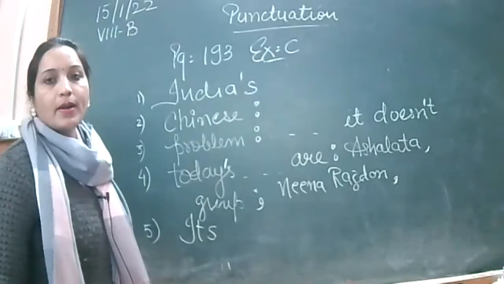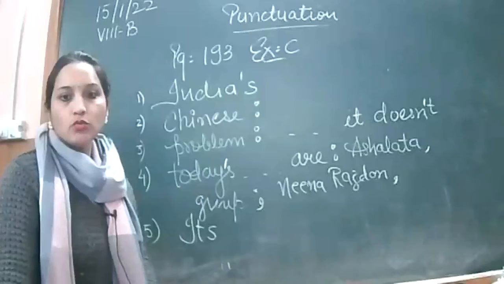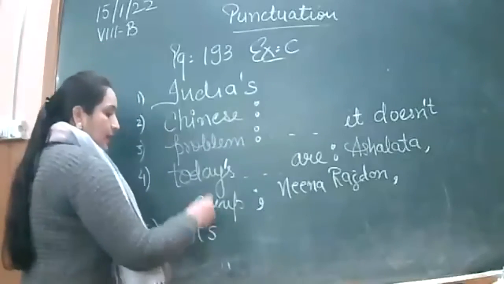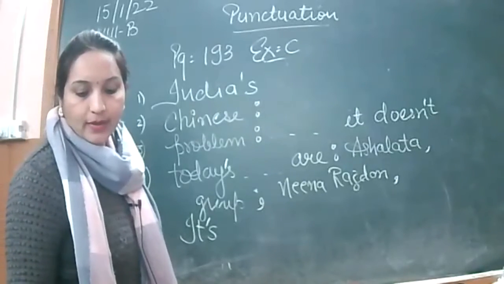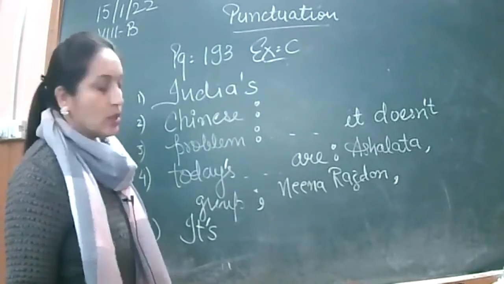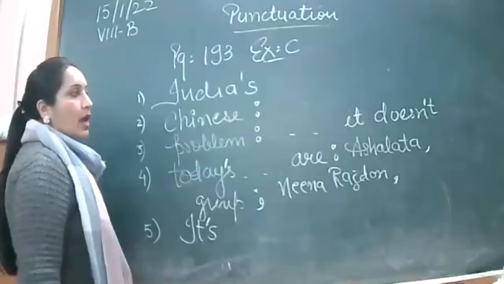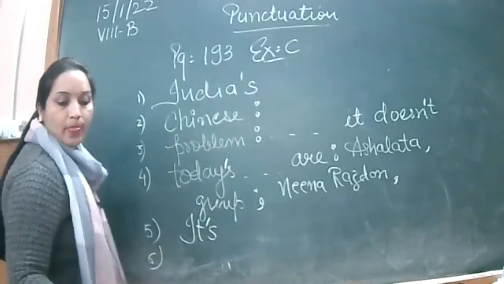Only 4 have participated. Others are not writing. Simar, very good. So here a comma should be written. It's a known fact that water boils at 100 degrees centigrade. Only I should be capital. After T, you are supposed to use an apostrophe. Okay. Now let's do the 6th.